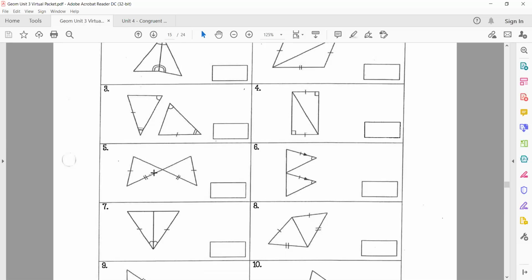What do we have here? Where these lines cross? Vertical angle. Vertical angle. So we know that we got an angle here and an angle here that are congruent.